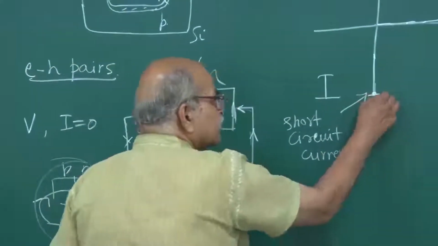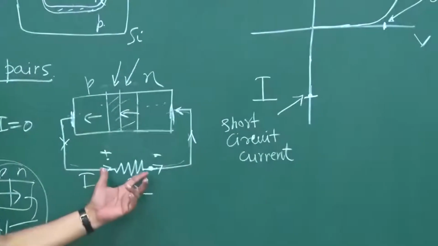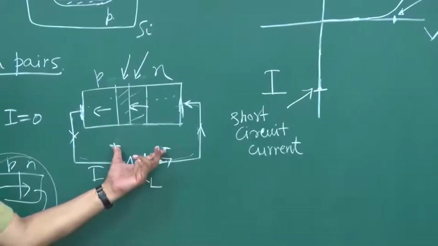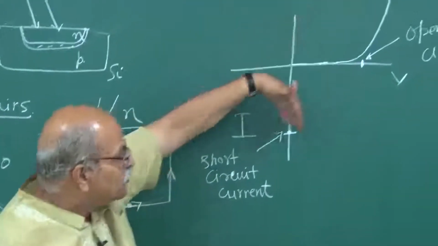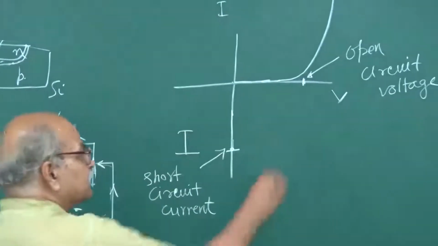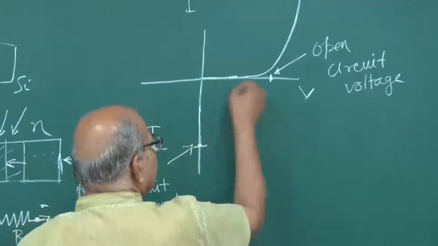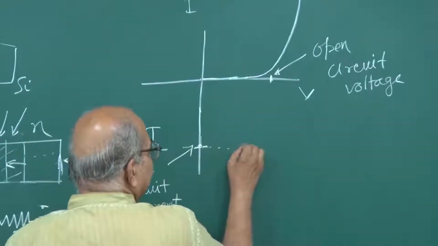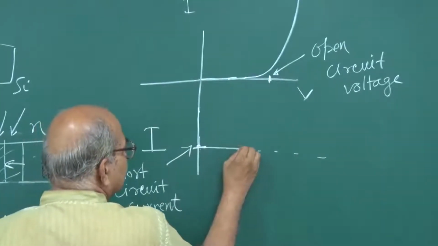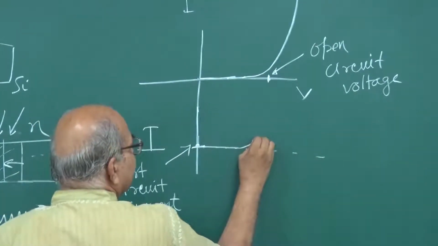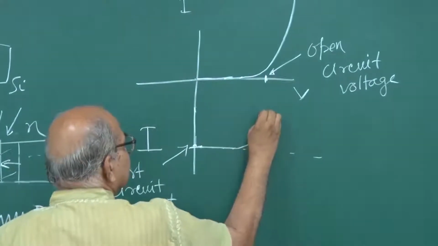But then because of this RL, because of this voltage appearing here, you have a forward bias. So this will be superimposed on this. If it is not there, then you have this current, but then on this you superimpose this, and your current will vary something like this, something of this sort.